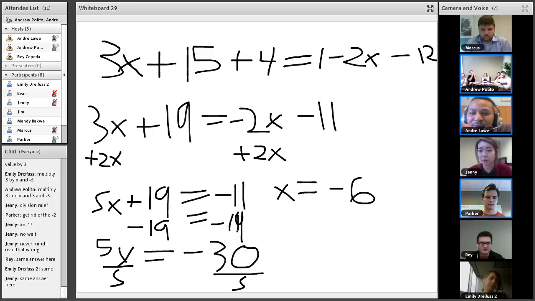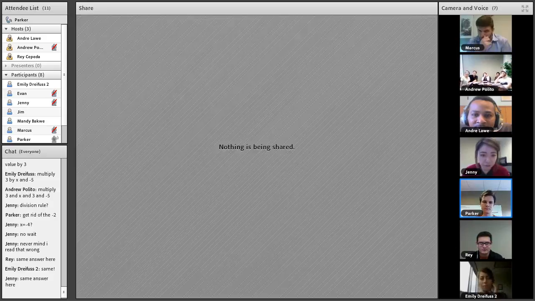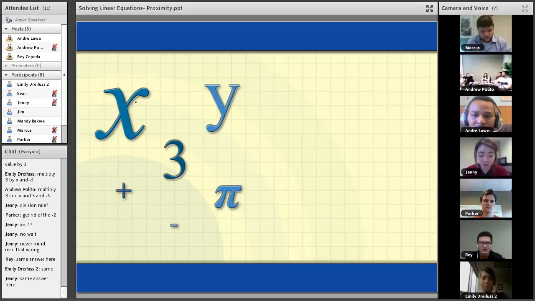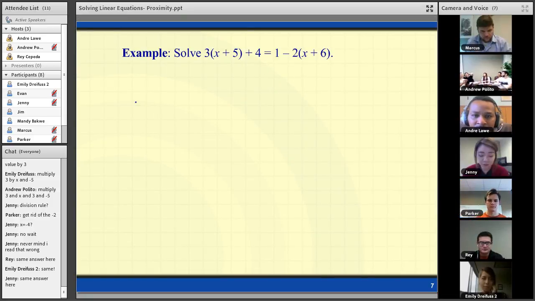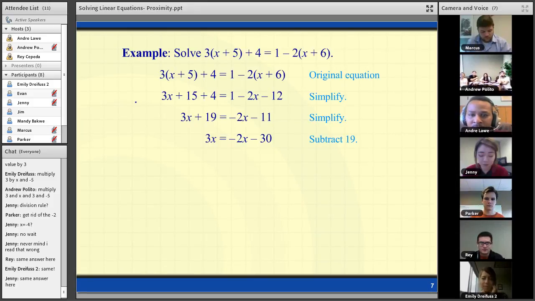Did anyone get a different answer? So the actual solution would be x equals -6.